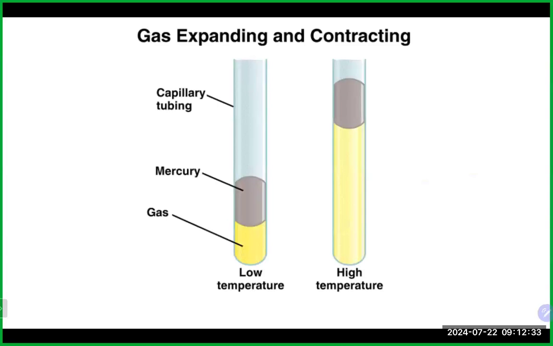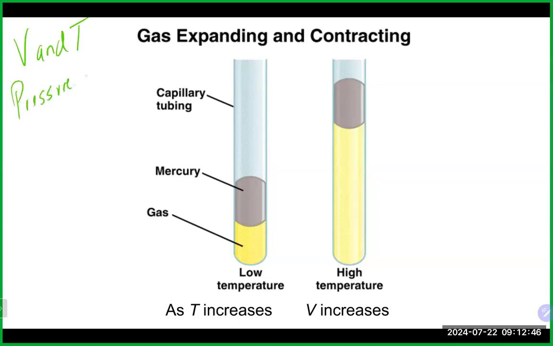So the next gas laws we're going to look at involve a couple of things. One is going to involve volume and temperature, holding pressure constant, and another is going to be pressure and temperature, holding volume constant.